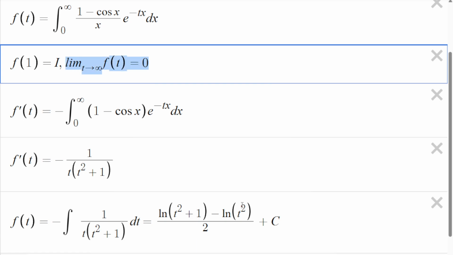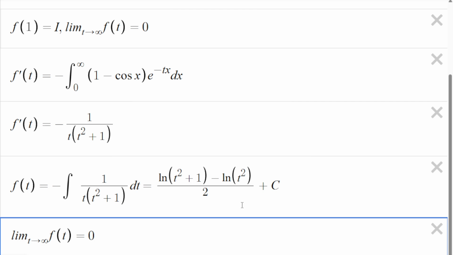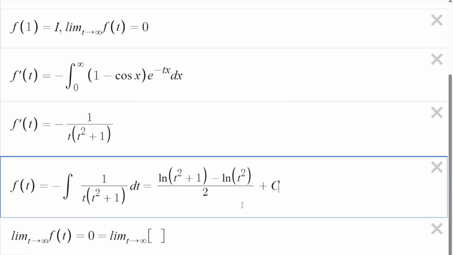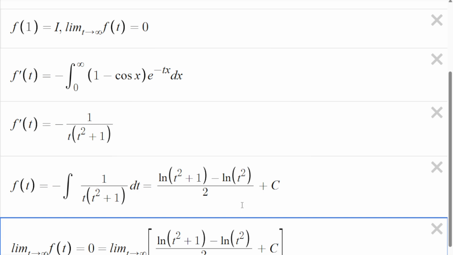So let's use this. The limit as t goes to infinity of f of t is equal to 0. Well, that's going to be equal to the limit as t goes to infinity of our f of t. Okay. So, what is the limit as t goes to infinity of this?